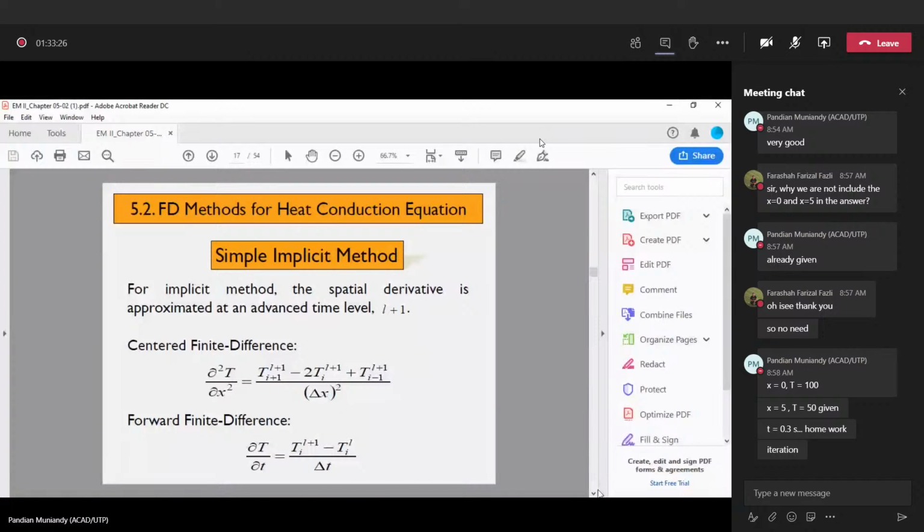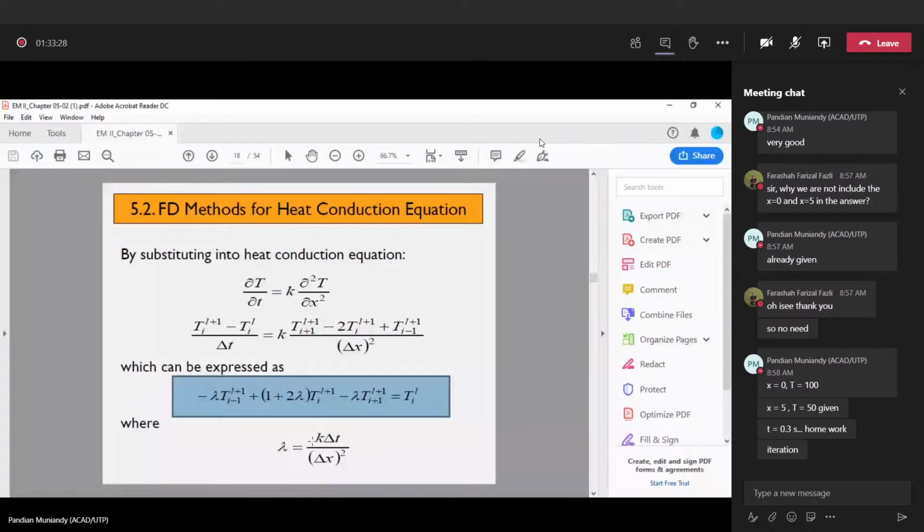Lambda is still the same form, but the way you express it is different. So you collect all the T superscript L plus 1 on the left hand side, T superscript L on the right hand side. This equation you will normally be given or can refer to. If they ask you to use the simple implicit method, you change the form only.